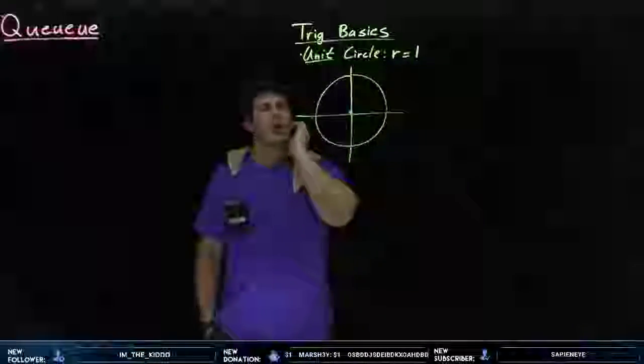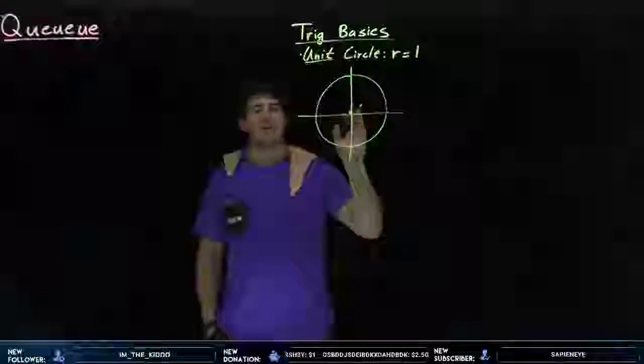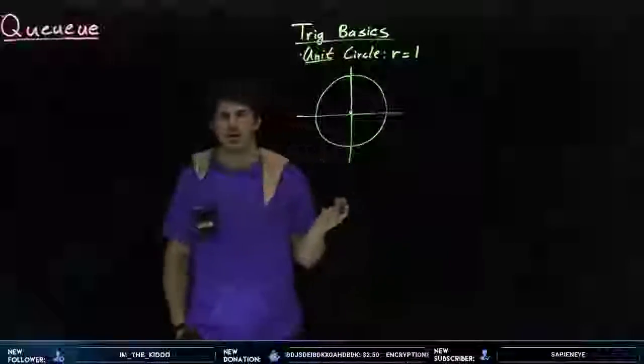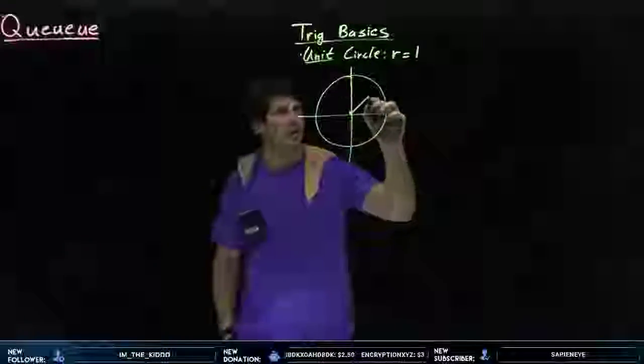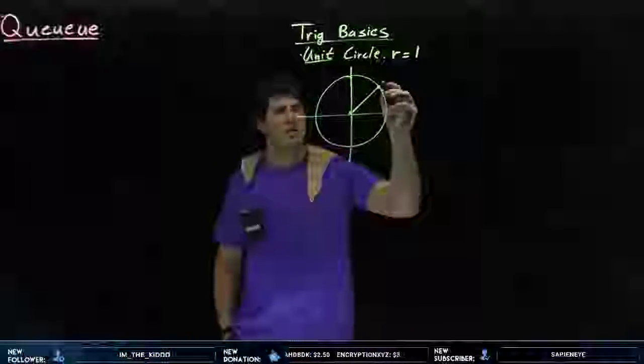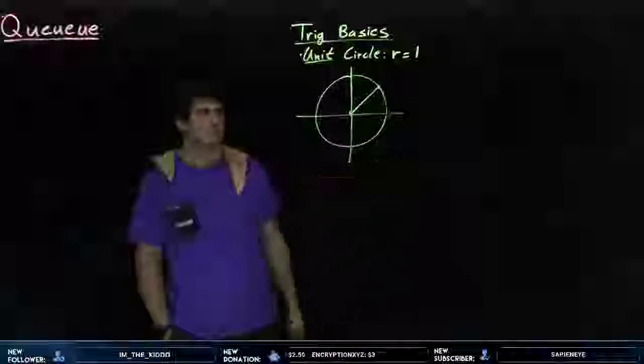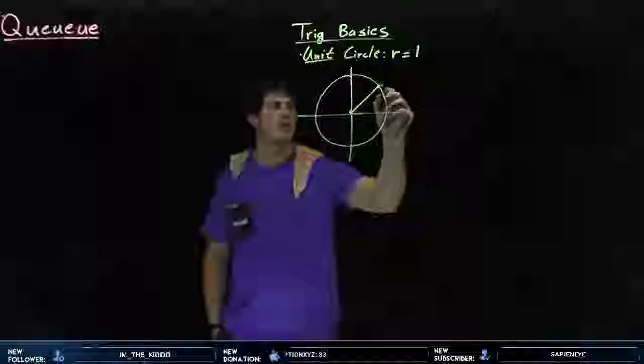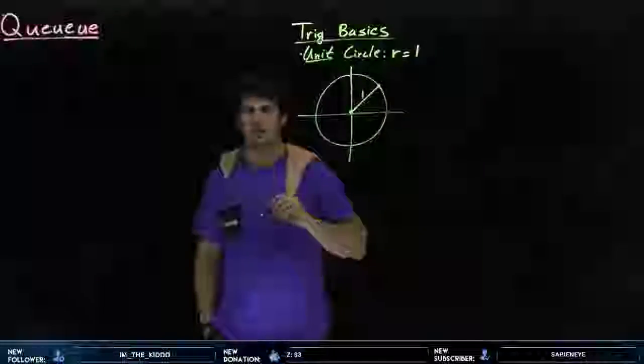Some guy way back when wanted to figure out how you could find a number of different values if I were to draw a line, a radius, like that, to some point on the edge of the circle. I know that this length is going to be 1 because it's a unit circle.